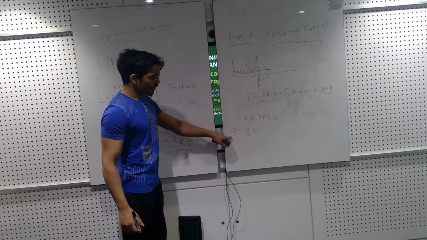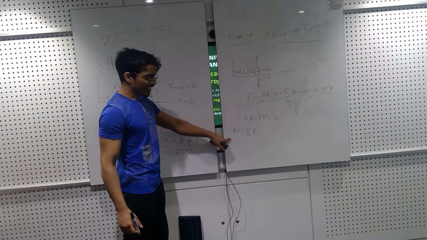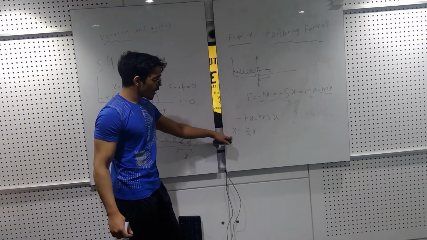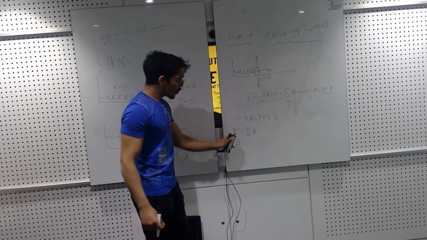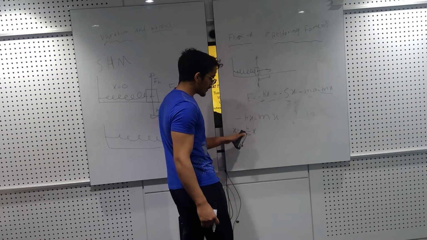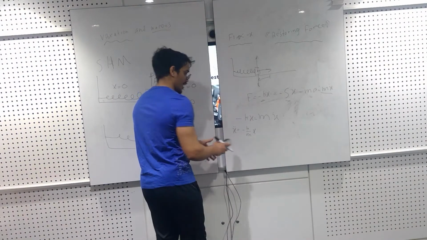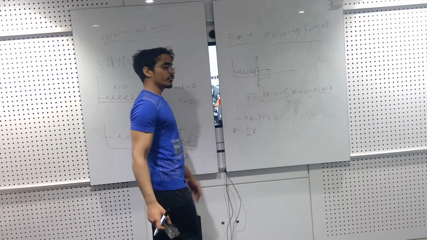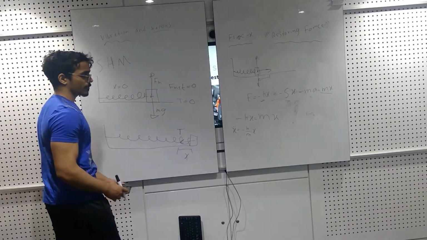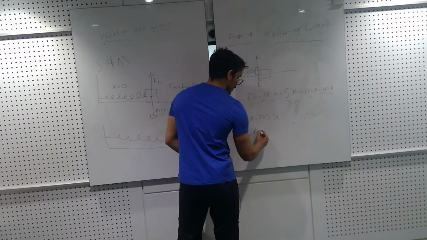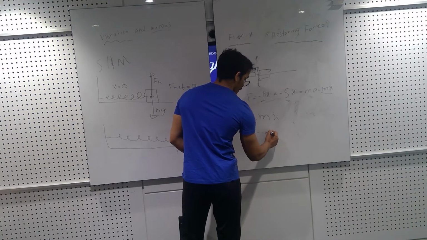So what does this mean mathematically? Mathematically, we want to find a function whose second derivative is equal to the function itself times a negative constant, which is k divided by m. We can call this constant negative omega squared.